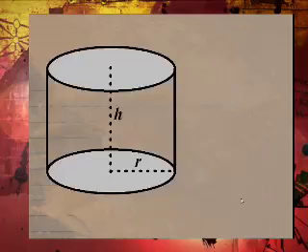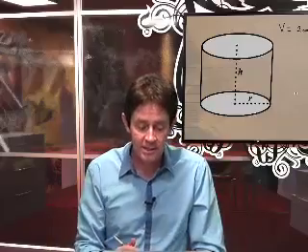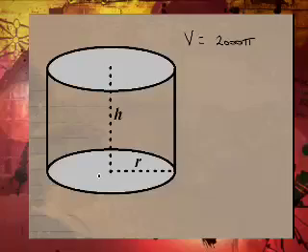So if we look at our little cylinder here, there's the 2 circles and the height, and the volume is given. Now, this is important here. The volume is given as 2,000 pi cubic centimeters. Now, they want the values of h and r for which the surface area is a minimum.